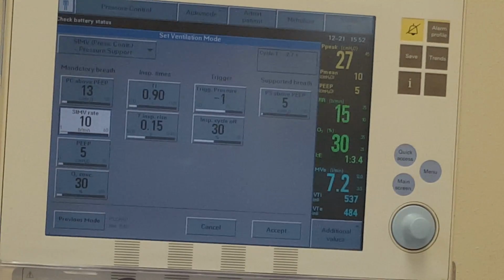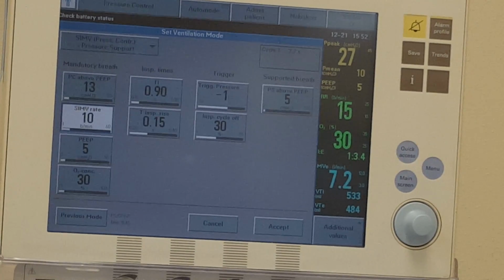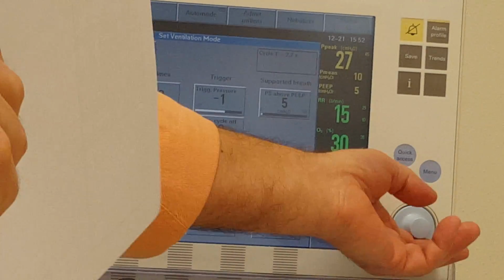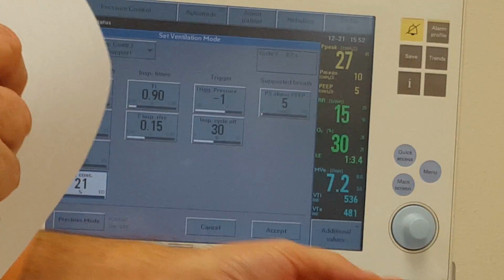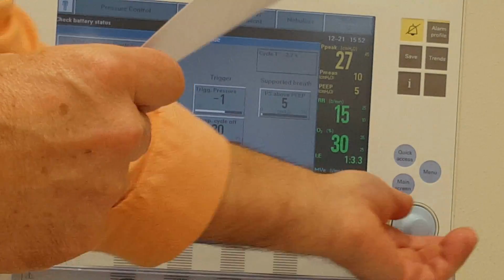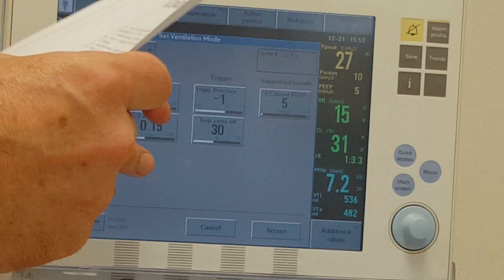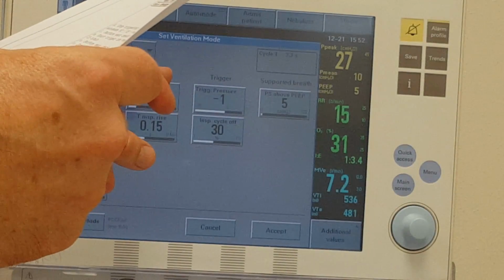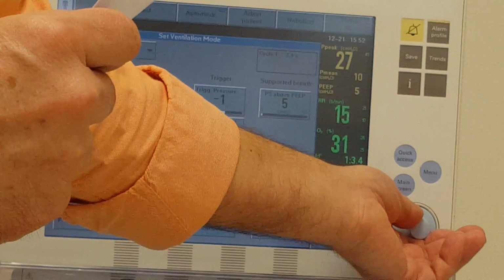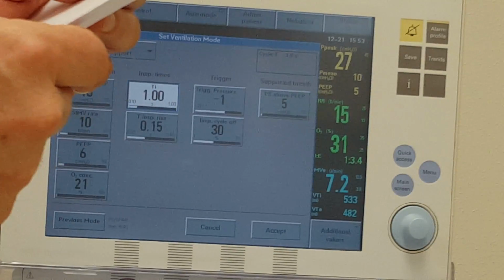And FiO2 back down to 21. PEEP of 6. Let's do an I time of 1 second.